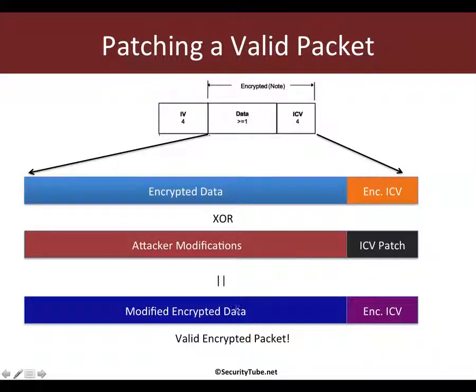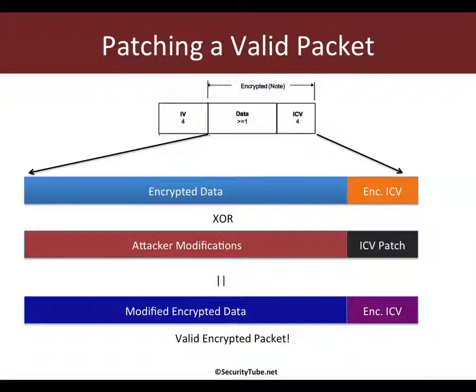And what this will give us is a modified encrypted packet along with an encrypted ICV. Now here is the funny thing: unbelievably, this is actually a valid encrypted packet, and this is the flaw which is being pointed out in that paper.